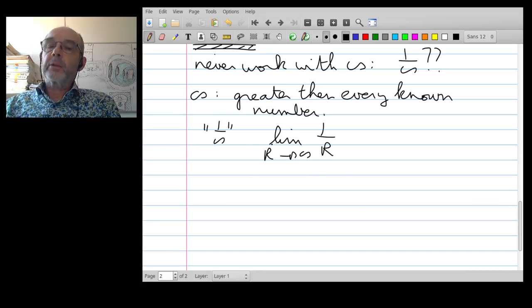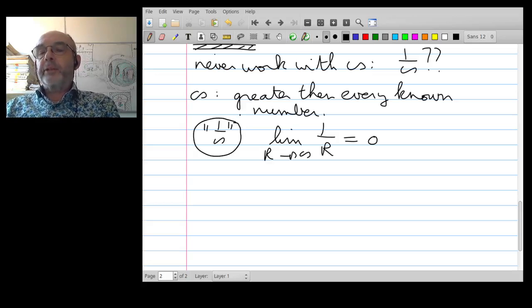That gives you 1 divided by a very great number, and that gives you 0. But in a certain sense, I don't know what is meant. So be careful. If you see such an expression, keep in mind that you have some limit.